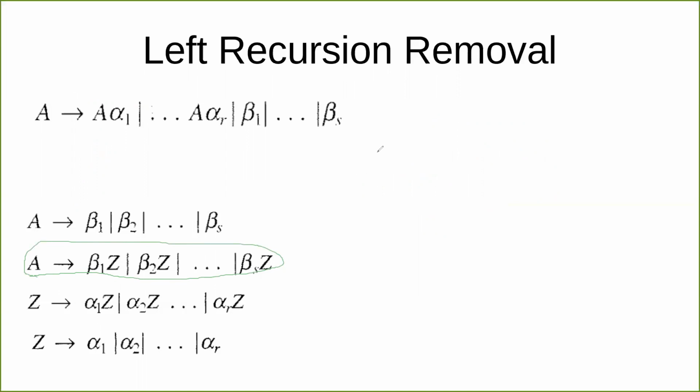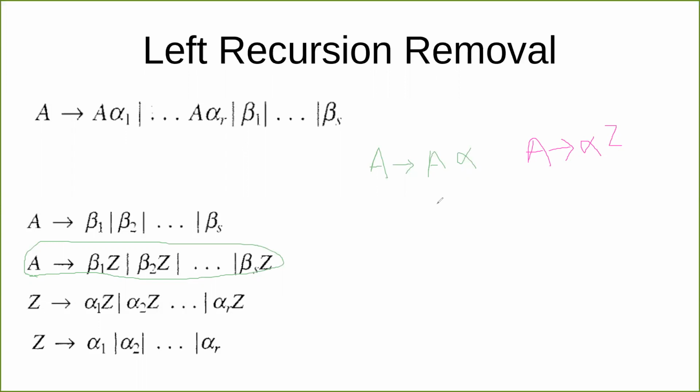Instead of writing A goes to A alpha, we write A produces alpha Z. Here Z is a new variable.